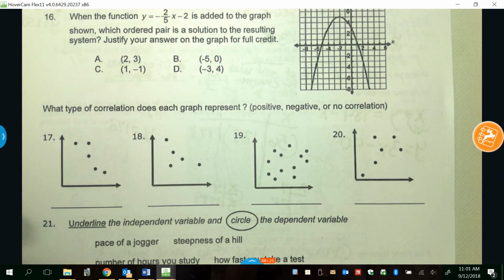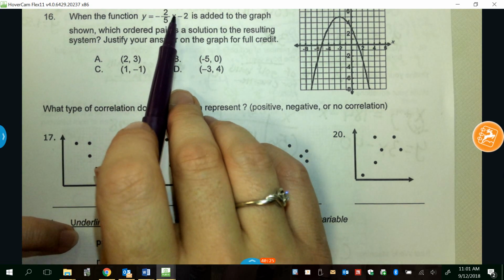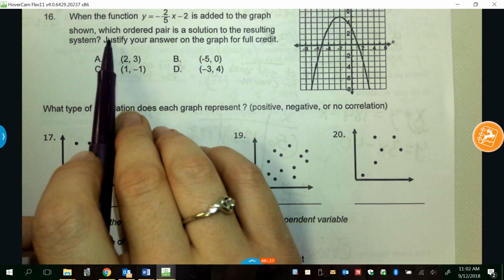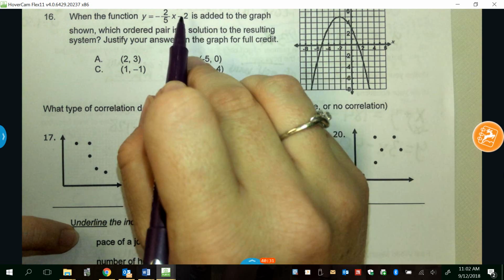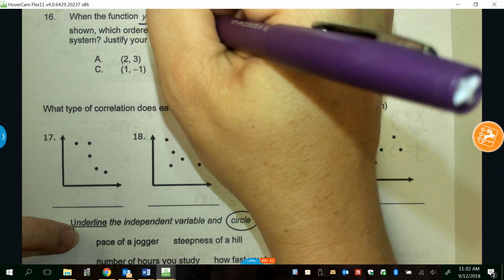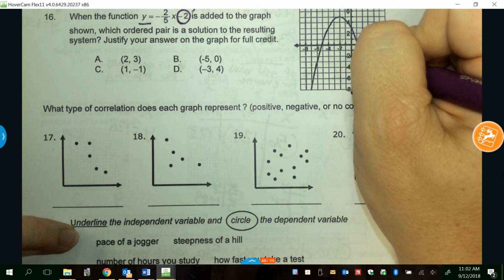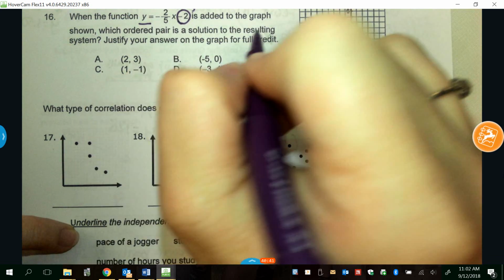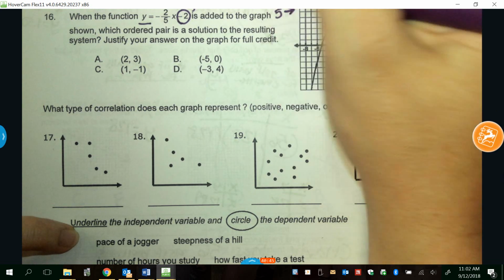Okay. So, when the function y equals negative 2/5 x minus 2 is added to the graph shown, which point appears the solution to the system? Well, this one's already graphed, but I need to graph this one. So remember, y is by itself, so we can graph it right away. The number by itself is my y-intercept. So I'm going to put a point at negative 2. And my slope is negative 2/5, which means I'm going to go down and right.